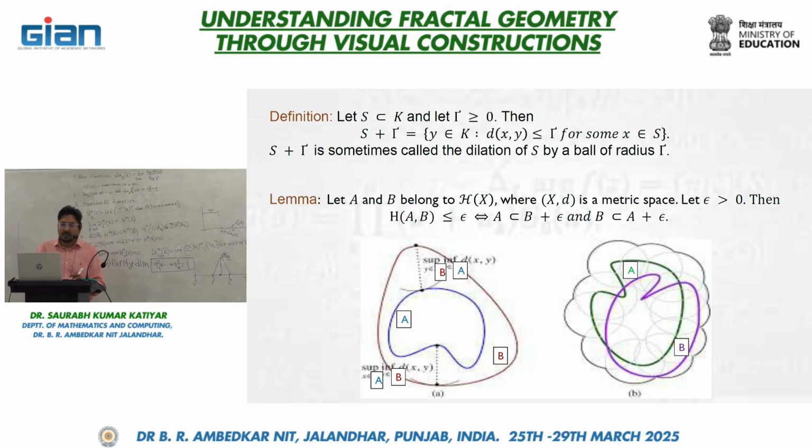So we will use this definition in our further results. Now you see A is a subset of B plus epsilon. B plus epsilon means the set B is dilated by the radius epsilon, right? Clear? And you can see figures here, means figure B you can see here. I try to demonstrate that thing here somehow.